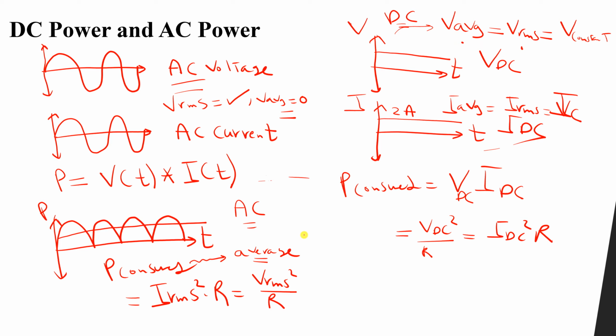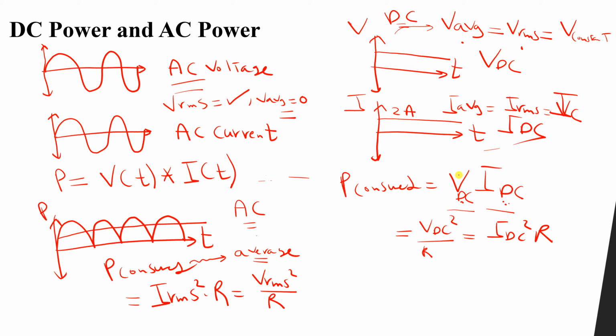So VDC multiplied by IDC, or V RMS multiplied by I RMS, or V average multiplied by I average, all of them will be similar to each other.